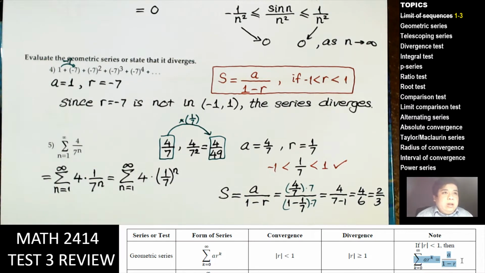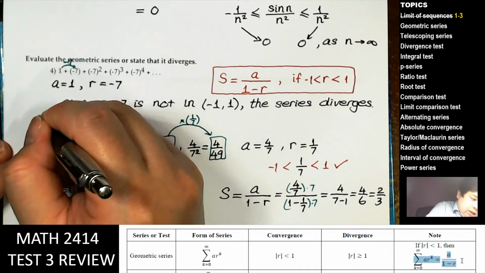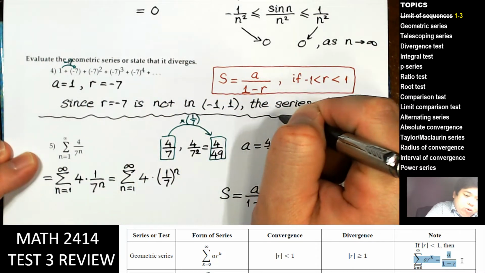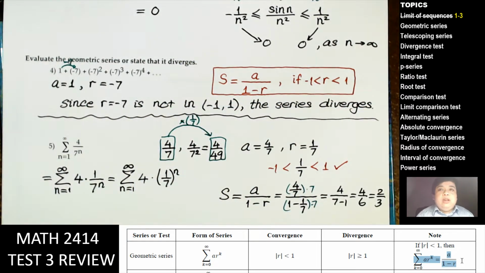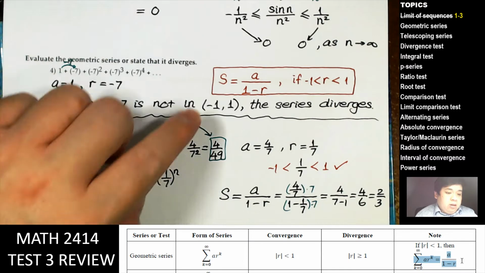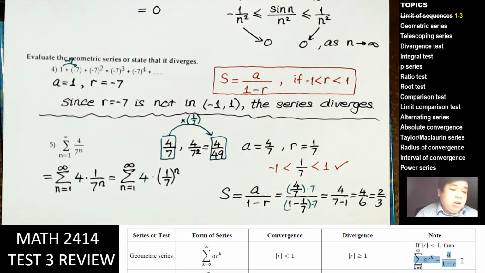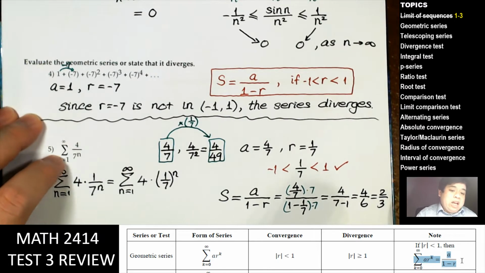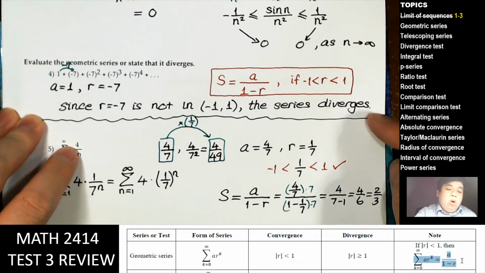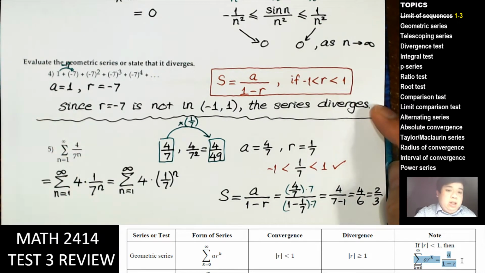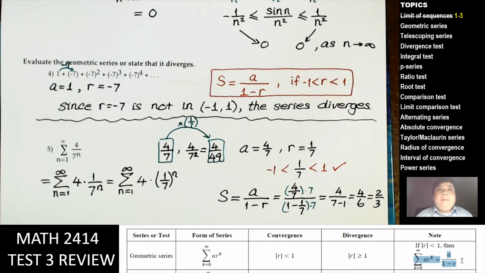So that's what we have. So for an infinite geometric series, the sum is given by the first term over 1 minus the common ratio, but the common ratio has to be between -1 and 1, otherwise it will be divergent.